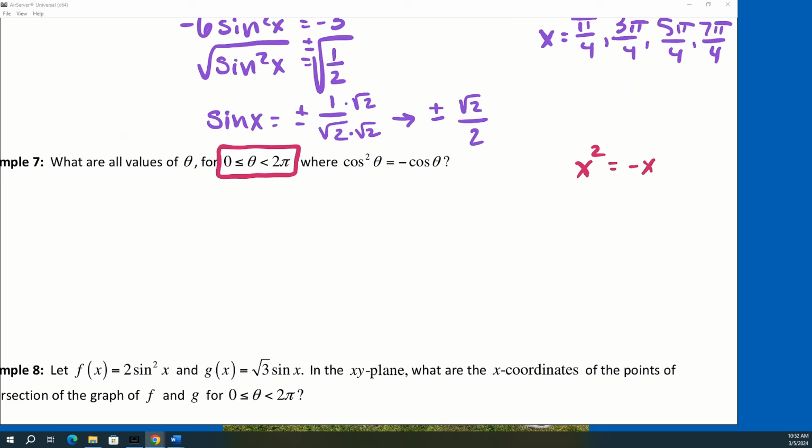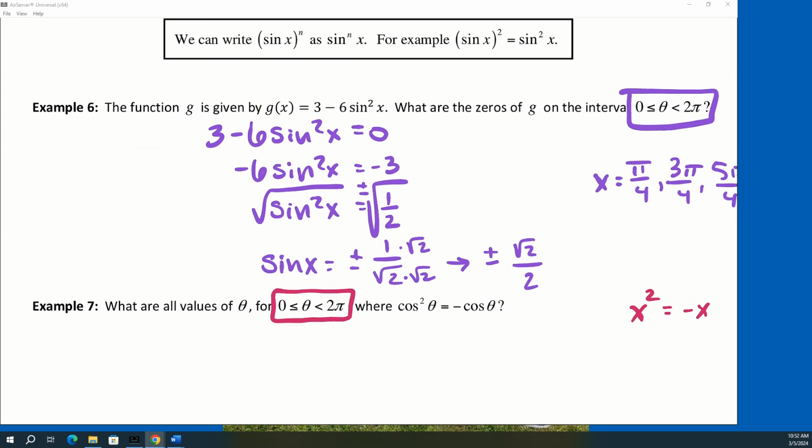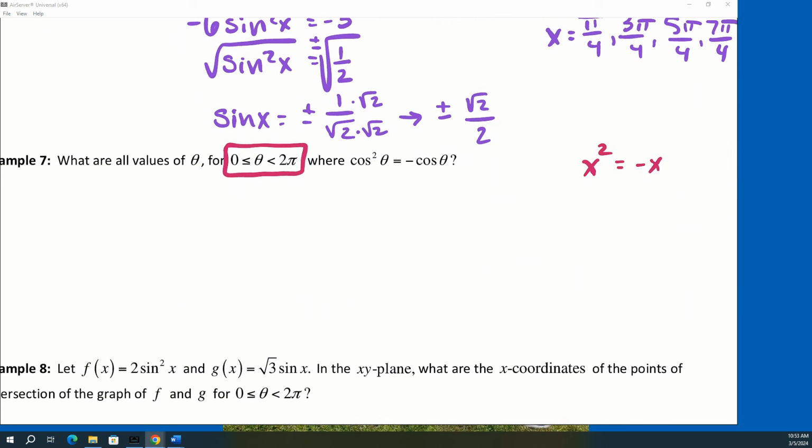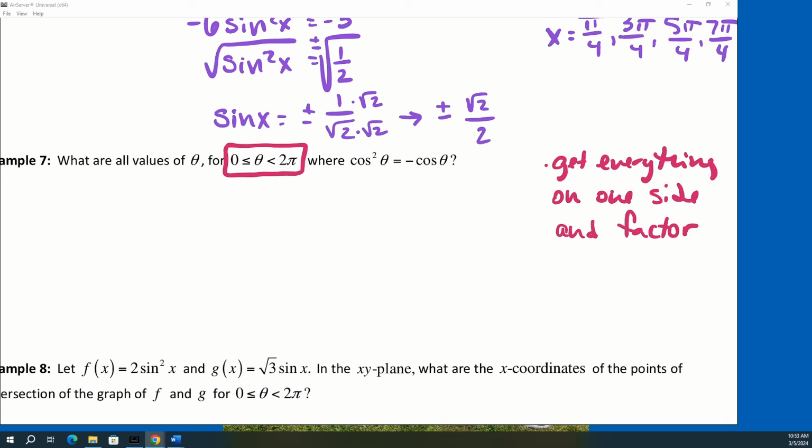So that's what we're going to do. Whenever there is a cosine squared and a cosine, we can't do it like what we just did on example 6. We're going to have to get everything on one side and then factor it. All right, so I'm going to add that cosine of theta.